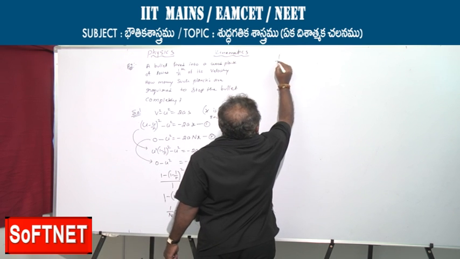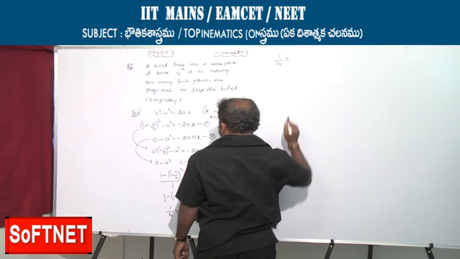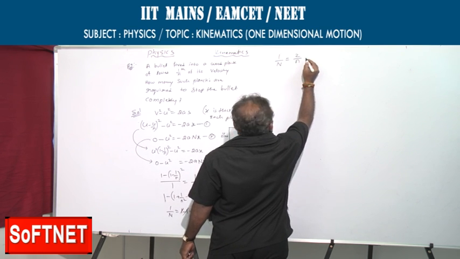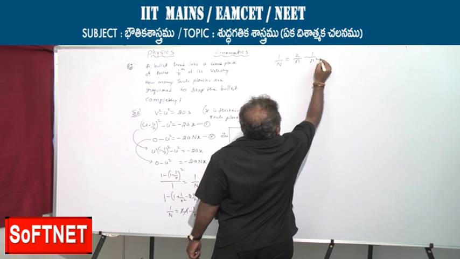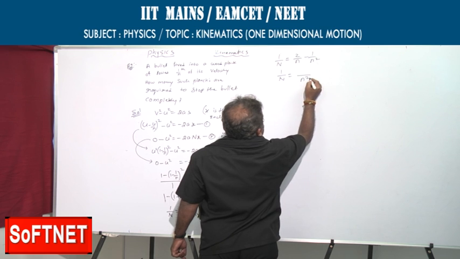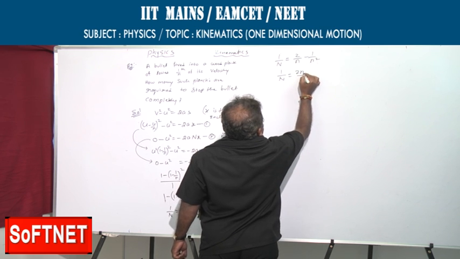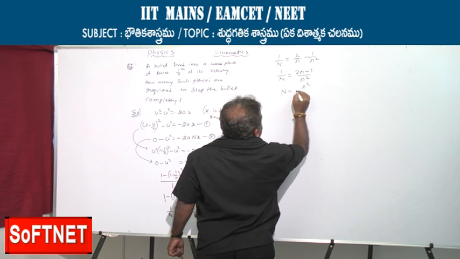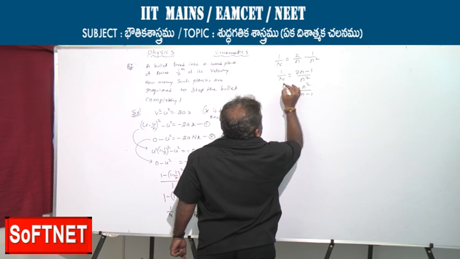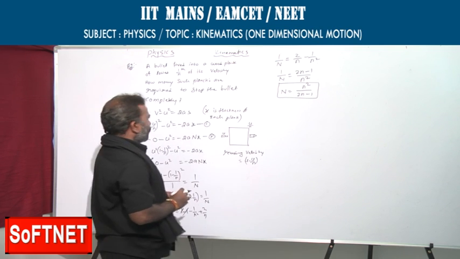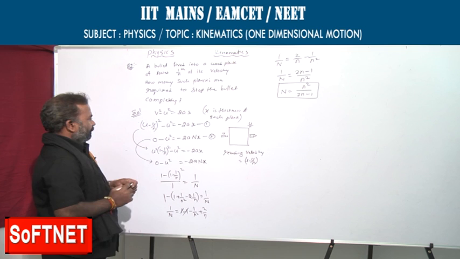So what is remaining now? 1 by capital N is equal to 2 by n minus 1 by n square. The LCM is n square. This is 2n minus 1. So the number of planks required is n square by 2n minus 1. These many planks are required to stop the bullet completely.